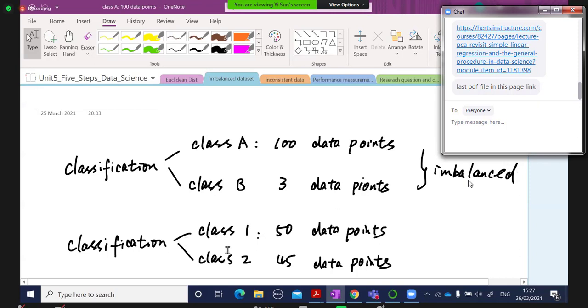So have a look at this example here. Again, we have two classes, class 1 and class 2. Class 1 has 50 data points, class 2 has 45. Although the ratio is not exactly 1, we can treat it as a balanced data set.